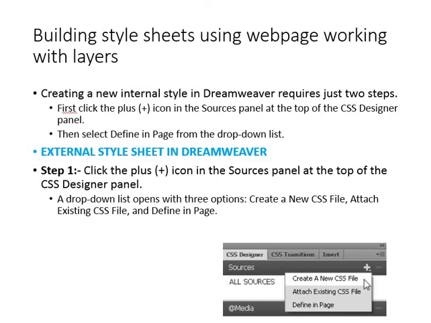When I click the plus icon in the source panel, I'll get three options: create new file, attach existing CSS file, and define in the page. Define in the page is like internal style sheeting, and create or attach existing CSS file is when I have a separate CSS file and add that CSS file into my document.